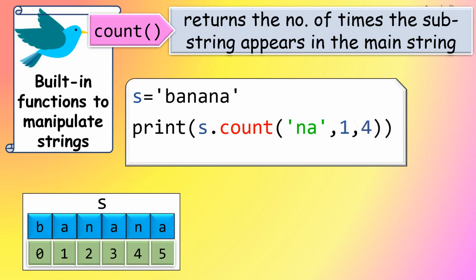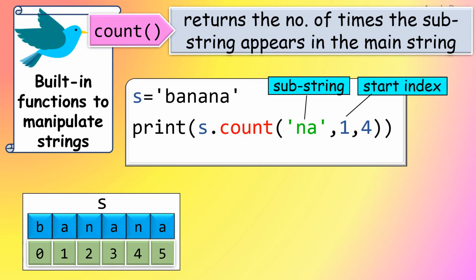Another example, here we are giving 3 parameters for the count function. First is the substring na, 1 is the start index, 4 is the stop index. Now first we have to fix the start and stop indexes in the array. 1 is the start index, and if 4 is given in the parameter, in the array you have to take it as 3.